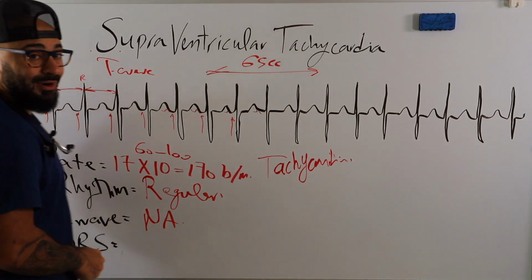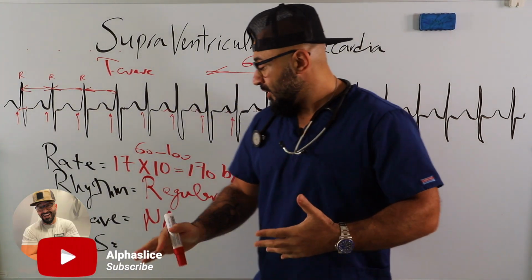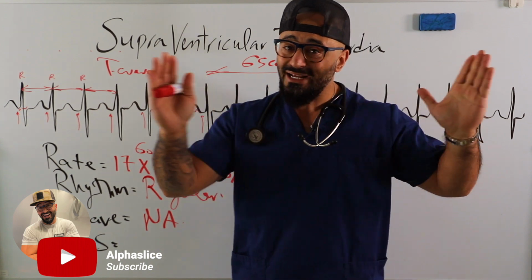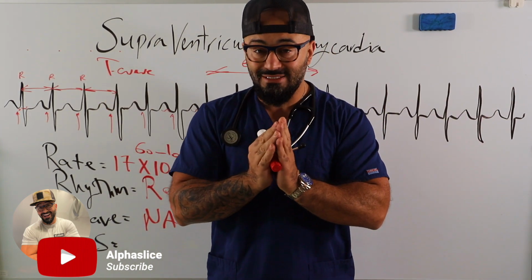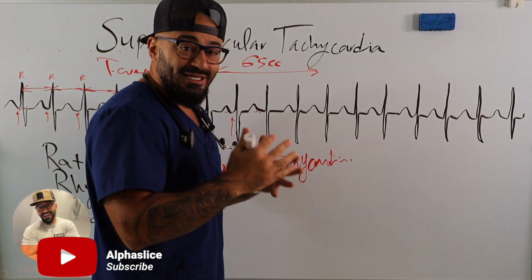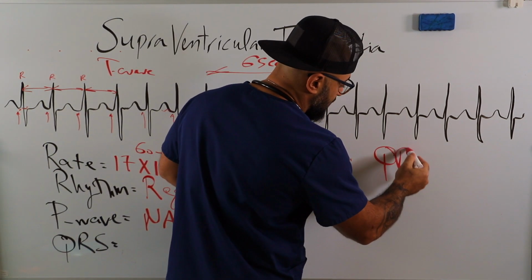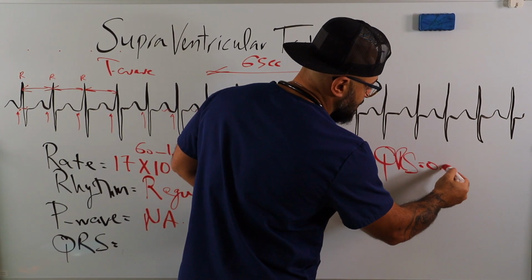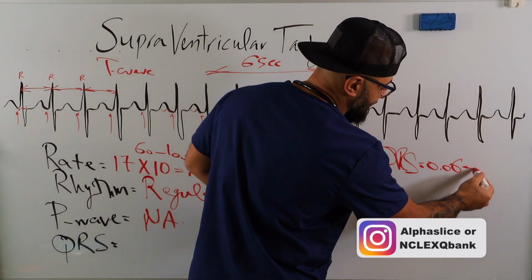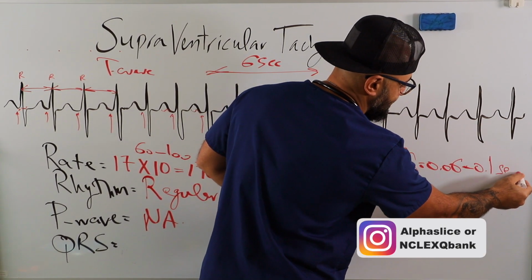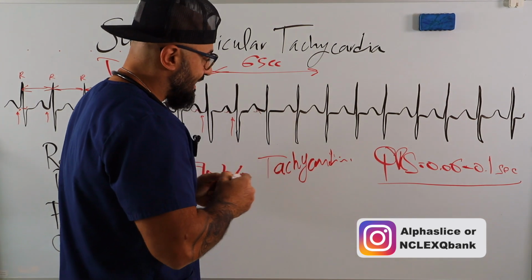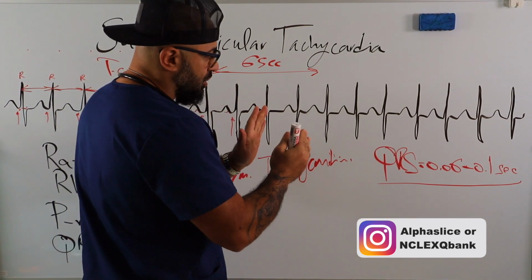Now when it comes to QRS, what I want to know is, is it a wide QRS or a narrow QRS? Now you need to understand basic ECG training when it comes to QRS. What's the normal? All right, 0.06 seconds to 0.1 seconds, right? So that's the normal. That's a narrow QRS.